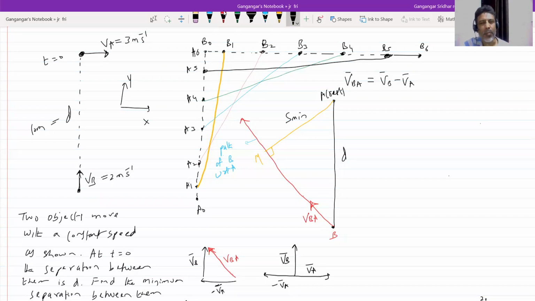How can you say minimum? I think you know enough geometry. As B further starts moving, I'll draw one more line.